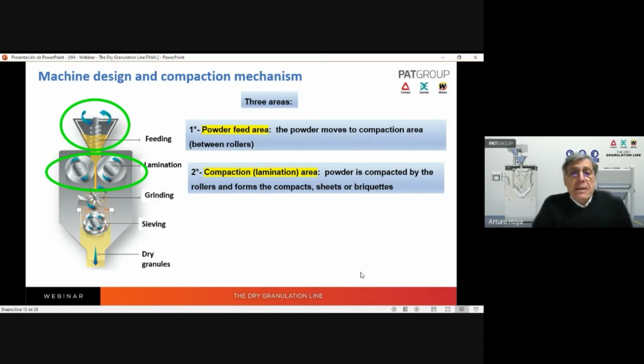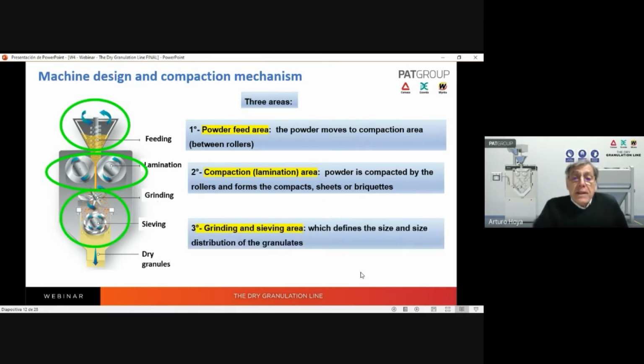After obtaining the compact sheets or briquettes, a grinding in the same machine will occur, in the grinding and sieving area. This will define the size and particle size distribution of the granules. This is a very important question.